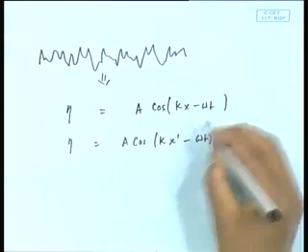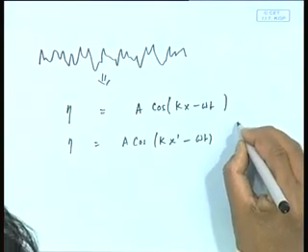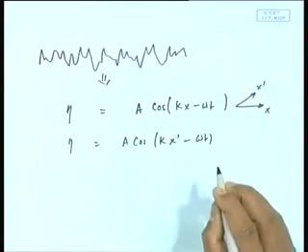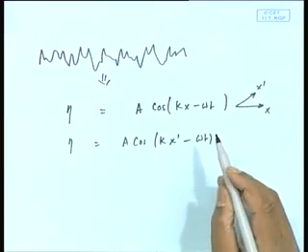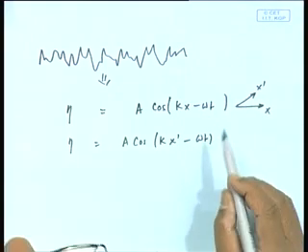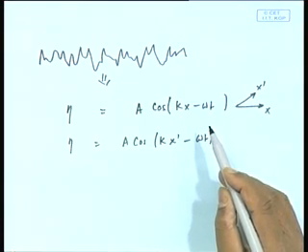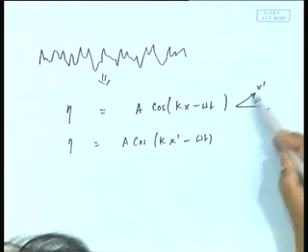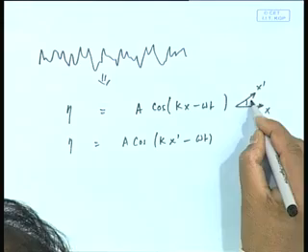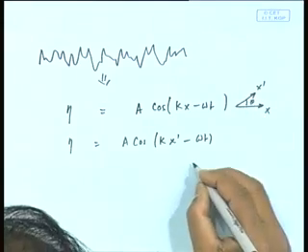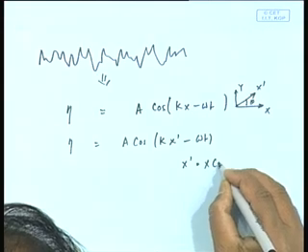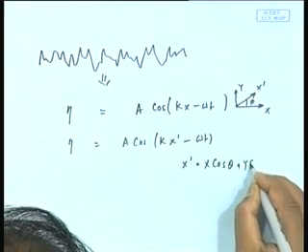To find the equation of a wave travelling in the positive x dash direction, all I have to do is write x dash in place of x. Now suppose this angle is theta, then what is x dash? x dash is x cos theta plus y sin theta.